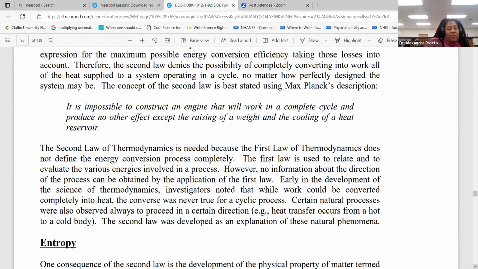Early in the development of the science of thermodynamics, investigators noted that while work can be converted completely into heat, the converse of that was never true. You never have all of the heat converted into work. It's just not possible for a cyclic process. So certain natural processes were also observed, and they always proceeded in a certain direction. So heat transfer occurs from a hot to a cold body. And the second law was developed as an explanation of these natural phenomena.